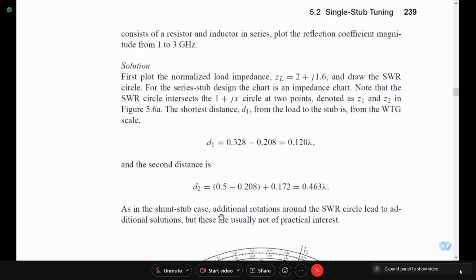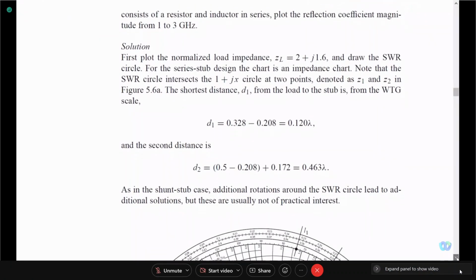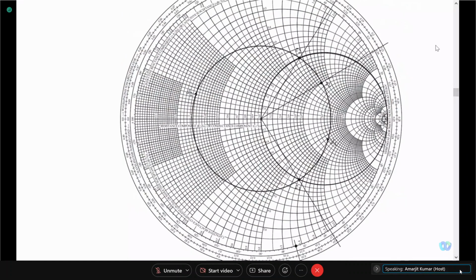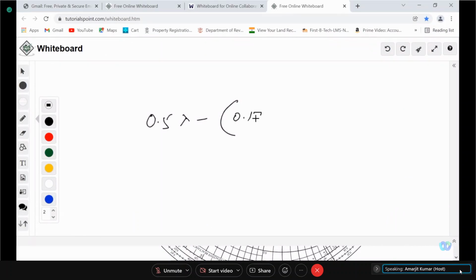So basically it will be equal to 0.5 lambda minus, here it will be 0.172 minus 0.209. So 0.209 minus 0.172.